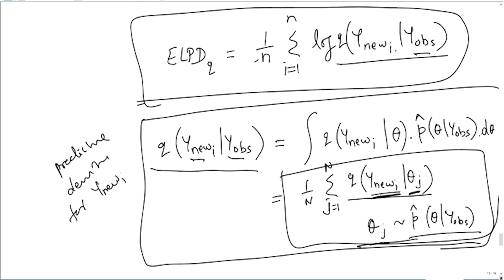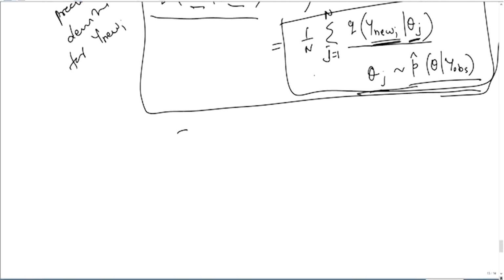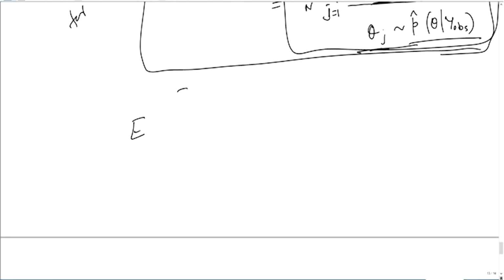So, this will give you the predictive density of y nu i. We plug in the predictive density here, take the log predictive density and take its summation across all data points in your future data y nu. So, this is the process. This is ELPD of any model q.